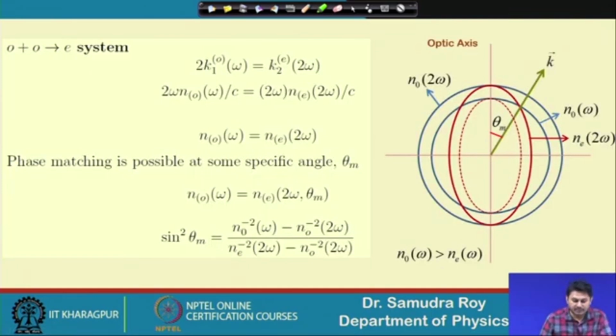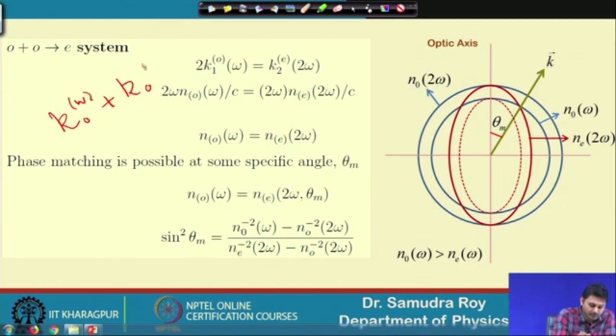Now we would like to understand what is happening in the OO system. That is exactly the thing I was trying to do a few minutes ago. So, let me do that once again. In the OO system, two ordinary waves are generating one extraordinary wave.